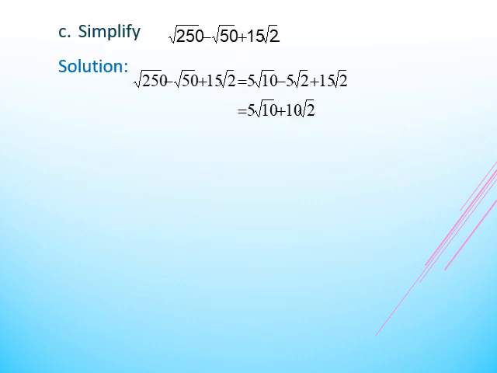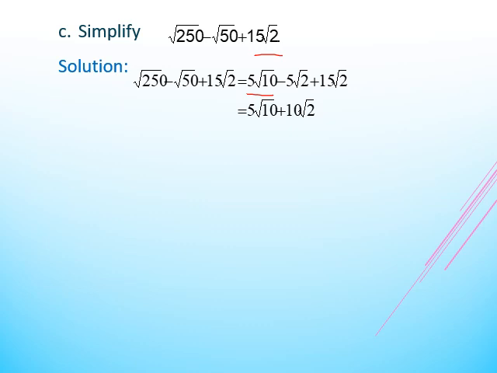And the other radical example here by numbers. How to simplify the value root 250 minus root 50 plus 15 root 2. This is by partitioning this value: root 250 is 5 times root 10. How to get this?